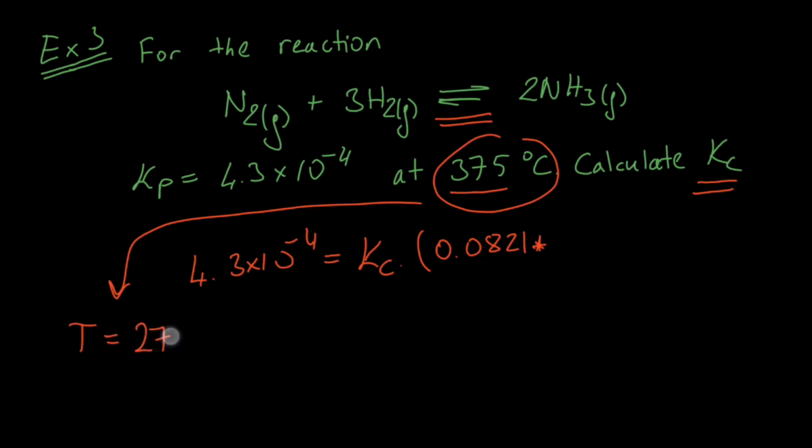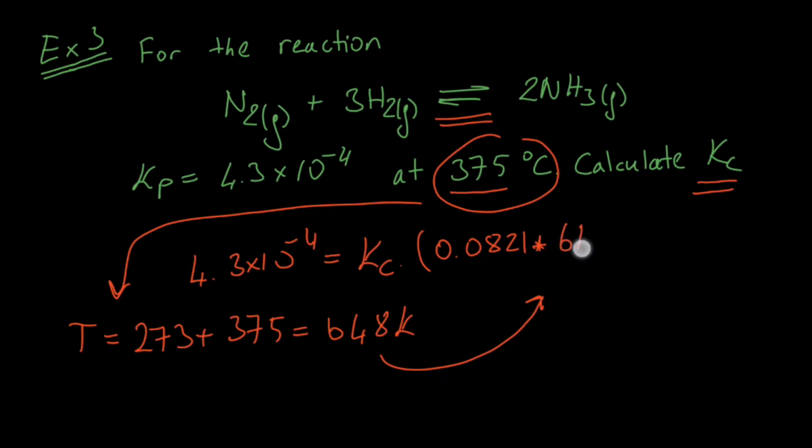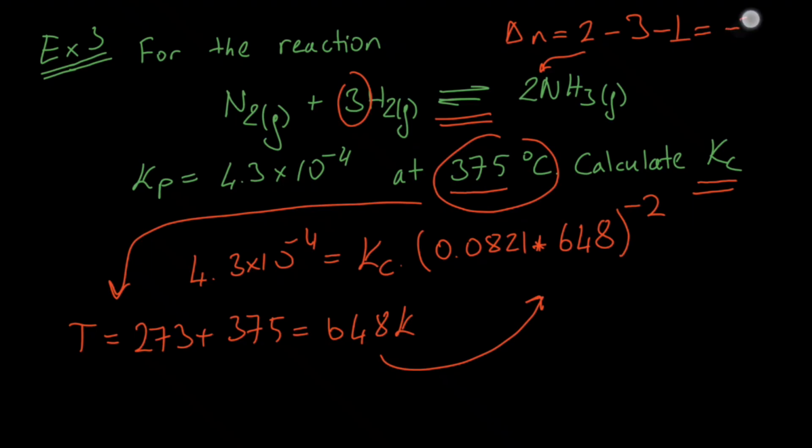To do that, I will add 273, and it is 648 Kelvin. I will write this number to the temperature side, and delta n was minus 2, right? Delta n equals 2 minus 3 minus 1, so it's minus 2.